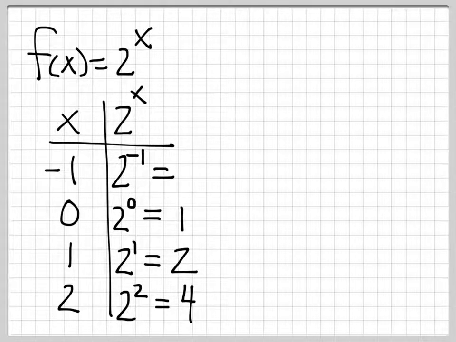2 to the -1. One of the things that we should know is that when you have a negative exponent, you take the base, make the exponent positive, and move it to the other side of the fraction it's on.